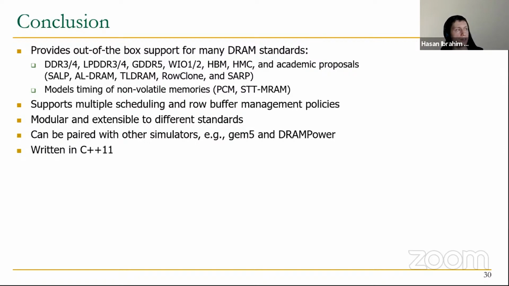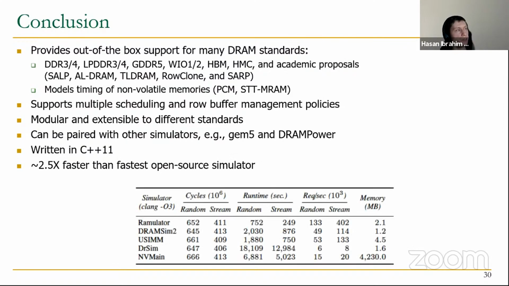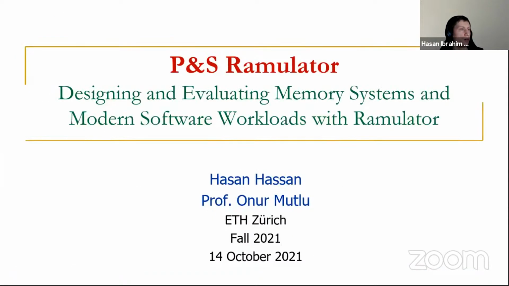It is written in C++ using C++11 features. And it was about 2.5 times faster than the fastest open source simulator at the time the paper was written. I guess we believe it is still the case, unless there are new simulators that we didn't evaluate. So this was the end of the second part and also the end of the meeting.